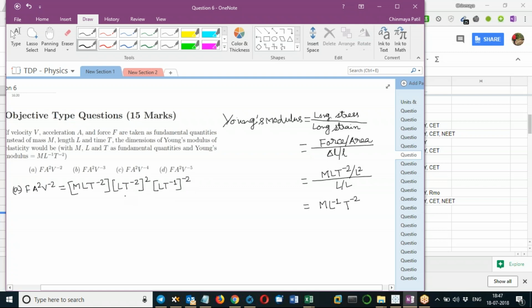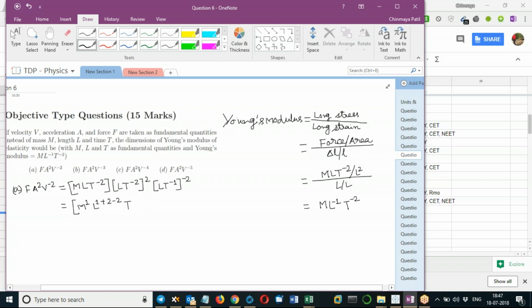Now if we simplify further, the power of M is 1, because there is only one M. For L, it is 1 here and 2 here, so 1 plus 2, and L is minus 2, so it is 1 plus 2 minus 2. Then T power minus 2.